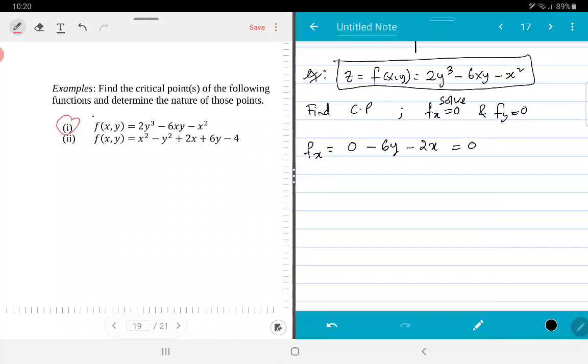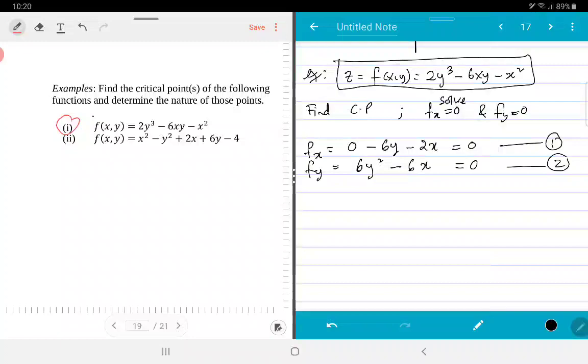And this must be equal to 0, because at the critical point, partial f partial x is 0. And then we need to find partial f partial y. That will give us 6y squared, the second term will give us negative 6x, and the third will give us 0. Let's call these equation 1 and equation 2, because we need to solve the 2 equations simultaneously for x and y.